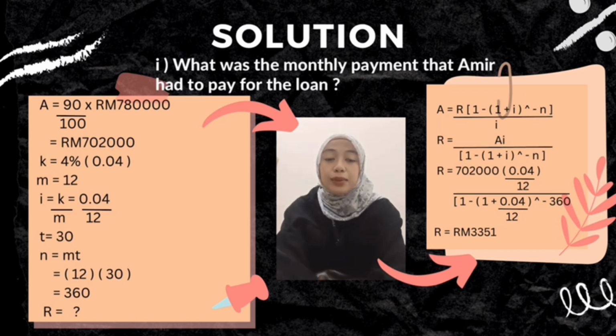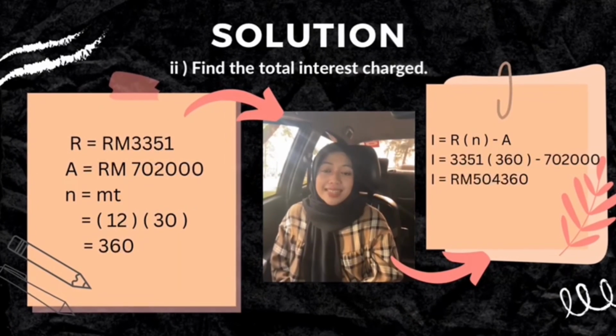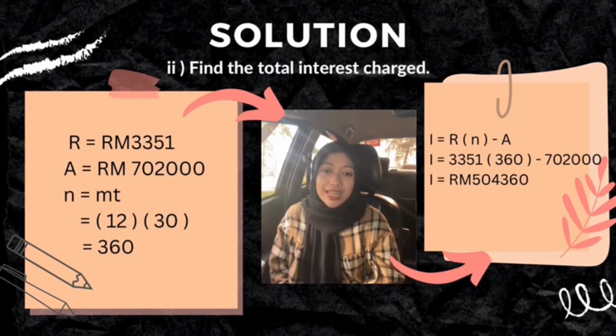So R equal to 702,000 times 0.04 per 12 over [1 minus (1 + 0.04 per 12)^(-360)]. So R is equal to 3,351.